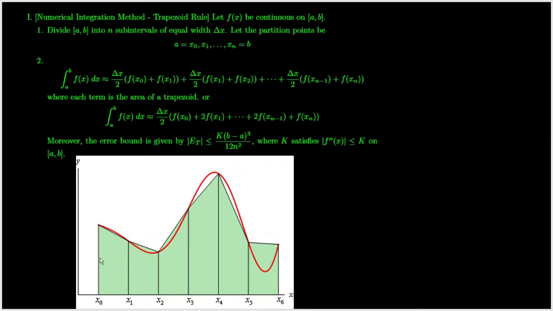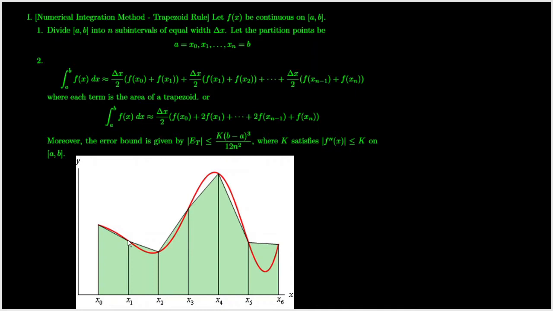Now look at the mouse cursor. The height of this point is the value of the function at x0, and the height of this point is the value of the function at x1.